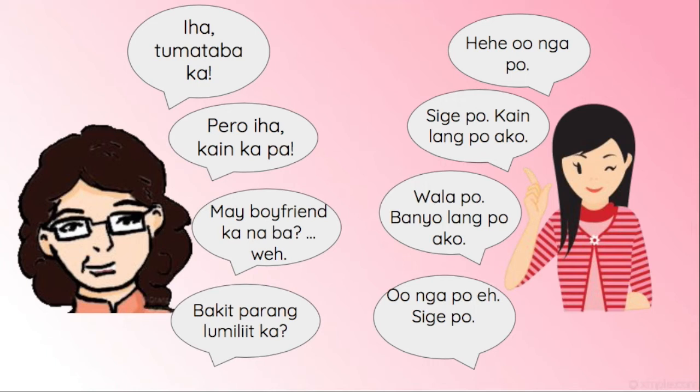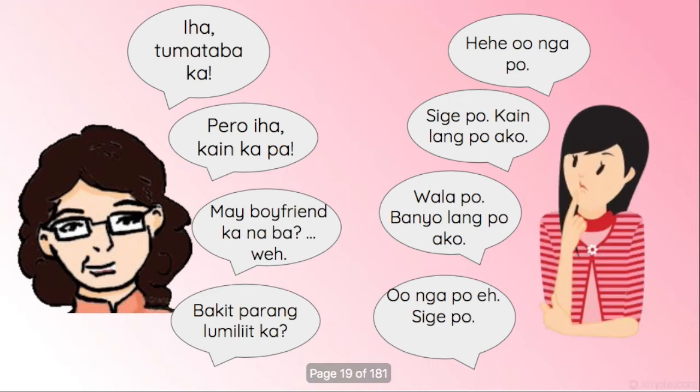Say she says, "Iha, tumataba ka," and you're like, "Eh, oo nga po," and you try to go away and you try to eat, but then she brings up another topic. She's like, "Pero iha, kain ka pa, may boyfriend ka na ba? Bakit parang lumiliit ka?" And you always have to answer that question, and you're trying to end it, "Oo nga po, sige lang po, banyo lang po ako," but it's a little more difficult to end it. So that's just an example, and it leads you to become confused after the conversation.